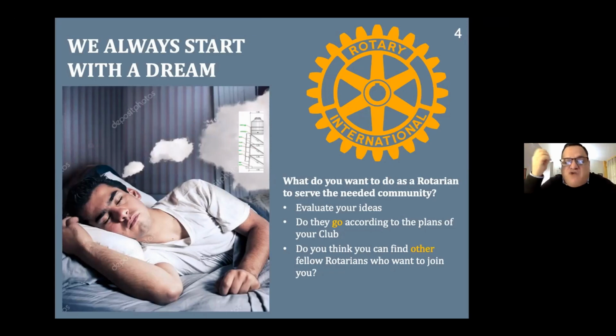Let's continue dreaming, but let's evaluate those ideas and share them with your club. Make sure that your ideas go along with the plans of your club and your district, and try to get a group of other Rotarians that think the same way. That's really important.